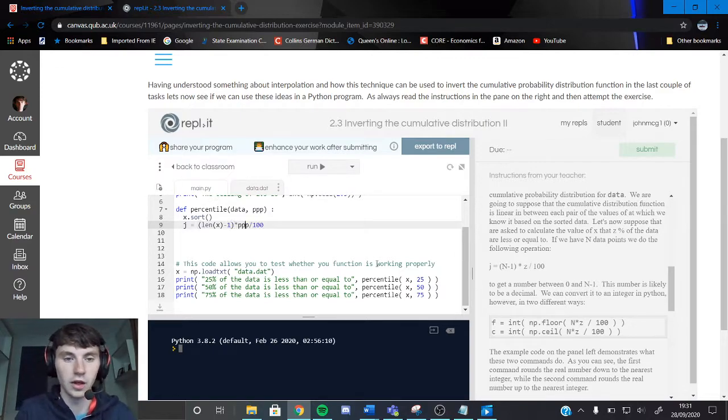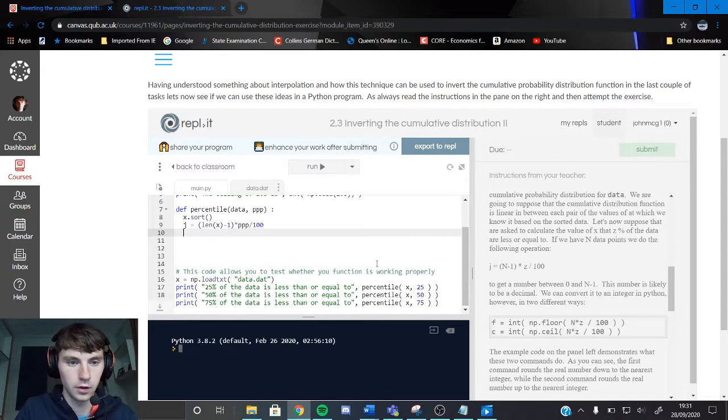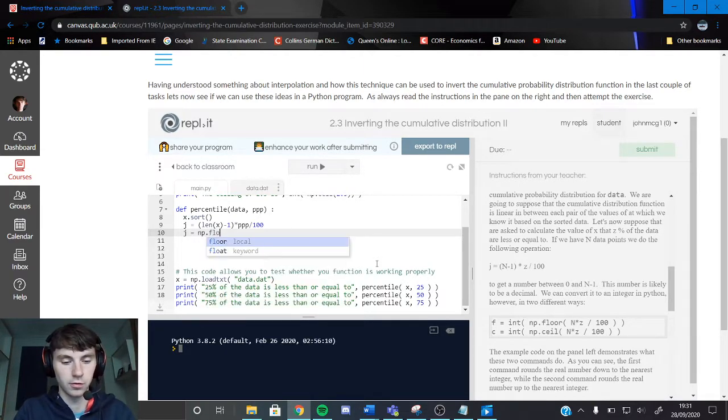It's going to be a strange one. So what we're going to do is turn it into two different integers by using a function called np.floor, as we were showing here. np.floor of j.